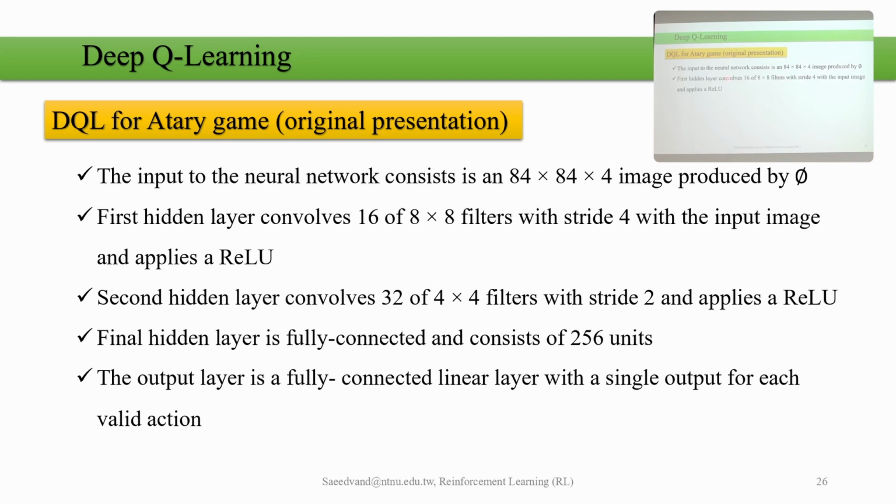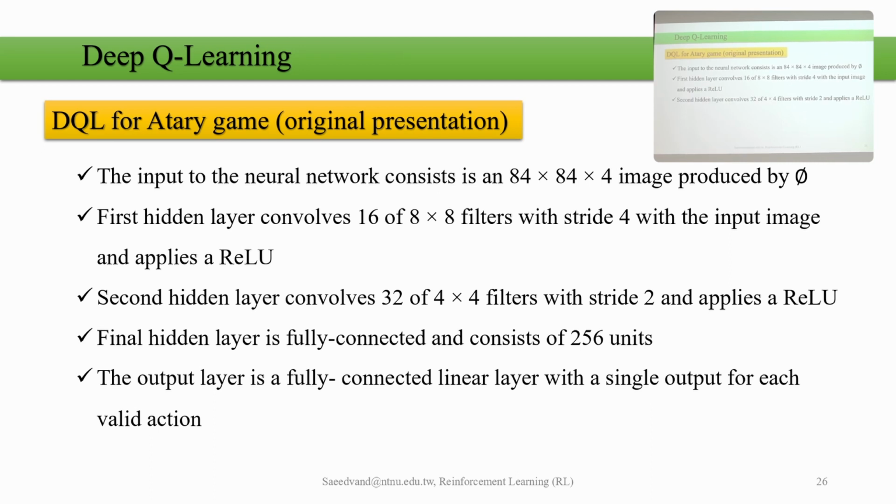Then the first hidden layer is a convolutional layer of 16 filters of 8 times 8, the filters that we've studied, and they define a stride of 4 with the input image and apply ReLU as the activation function.